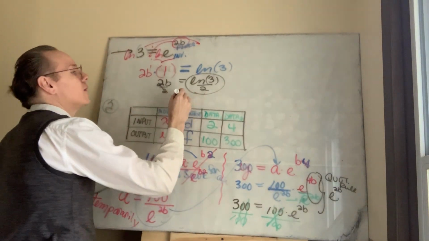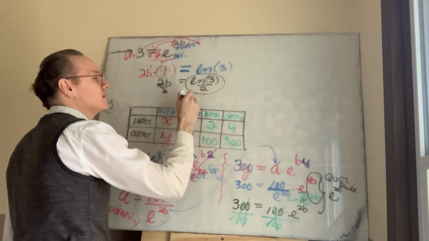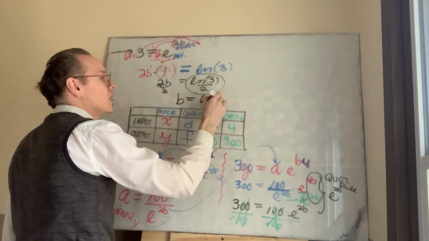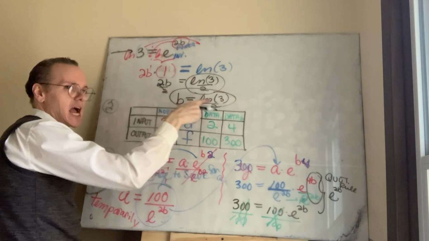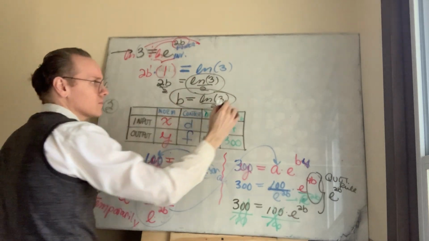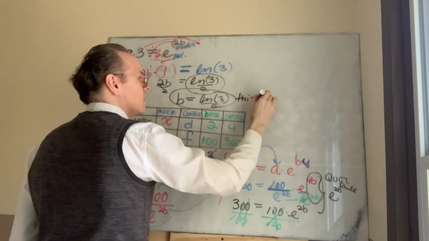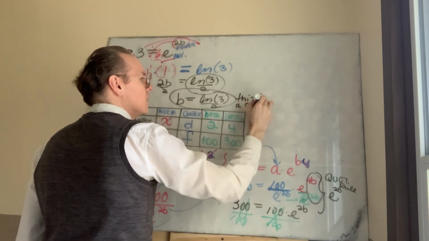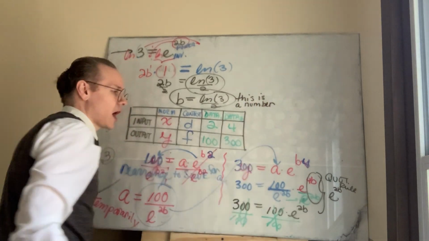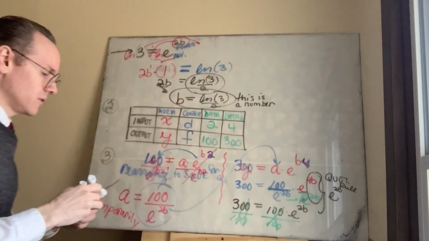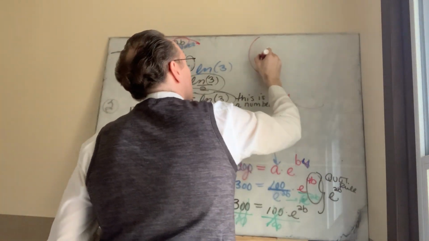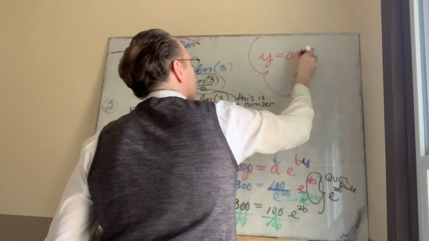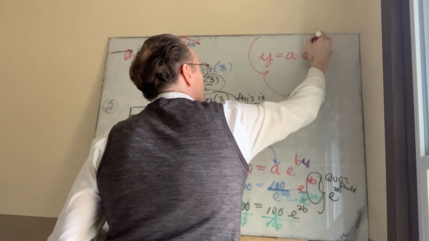Anyhow, to preserve the infinity of this, potentially, I'm just going to leave it as this expression. That is an actual number. Now, as far as our model is concerned, what we have is this: y is equal to a times e to the bx.